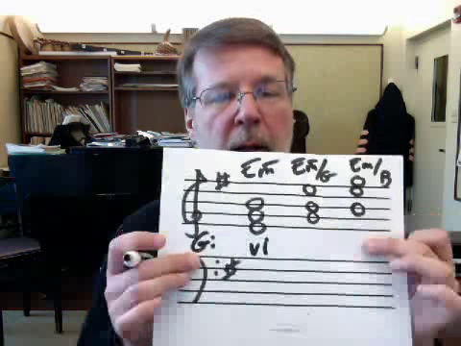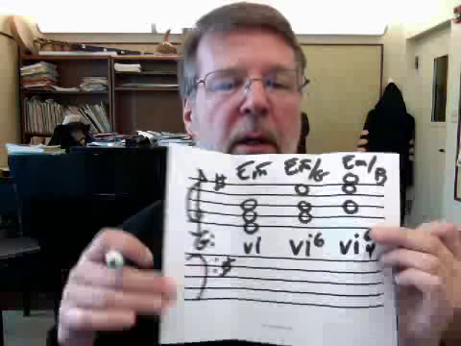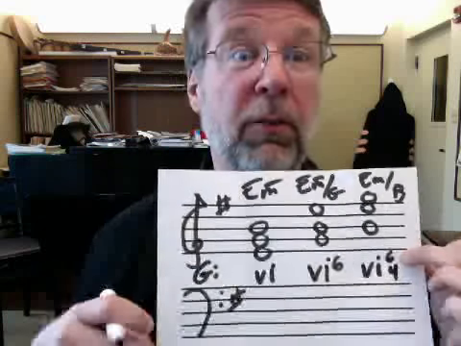And because we're in G major, we say we have the 6 chord, right? Lowercase. And then we have that 6 again with a superscript 6 for the first inversion. And then we have 6/4.